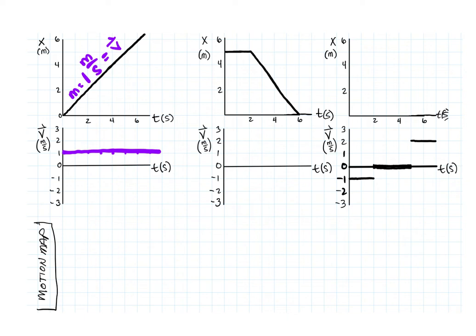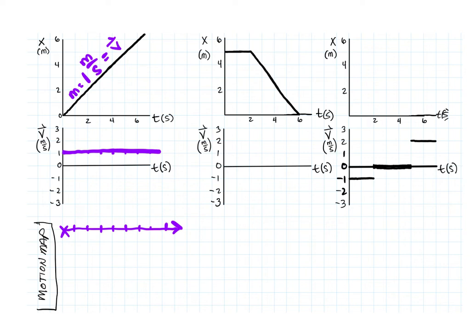The way that a motion map would look, you would make your line 1, 2, 3, 4, 5, 6, 7 or whatever and then you would take a look at your xt graph. What's our starting position?